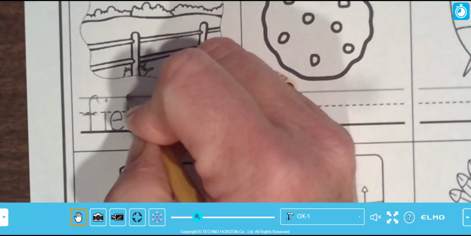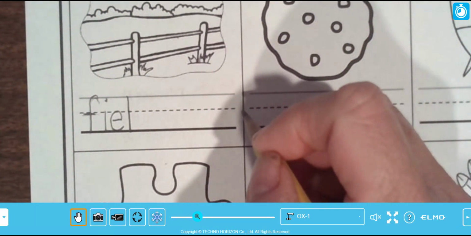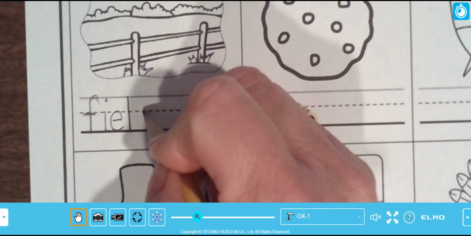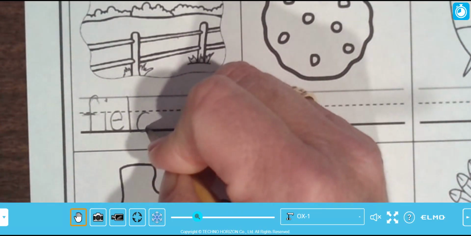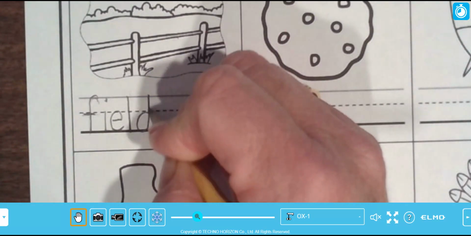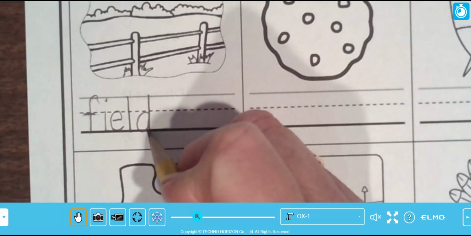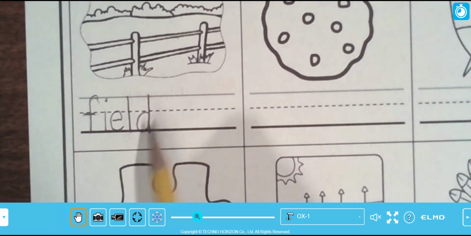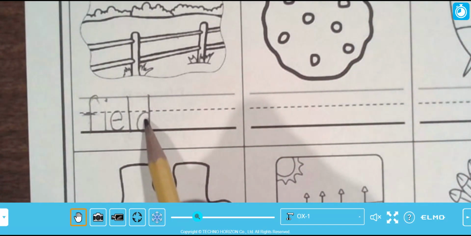It has to touch the top, then it's got to touch the bottom. And then D is also a tall. So you're going to start off with the donut first. There's the donut, then the stick. So donut, then the stick. Okay. Field. So this is a tall, small, small, tall, tall.